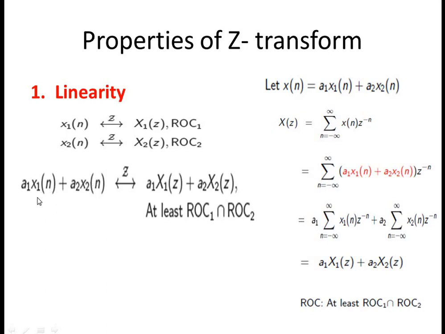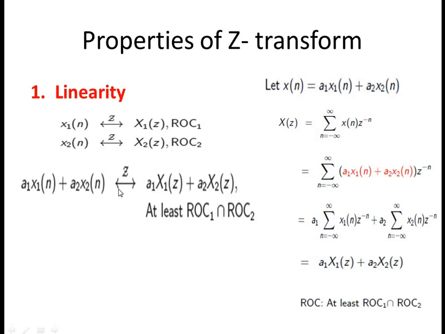The linearity property says that if we scale x1 of n and x2 of n and add these two, it should not affect the output. So here too we have a1 X1 of z plus a2 X2 of z. So this is the linearity property.